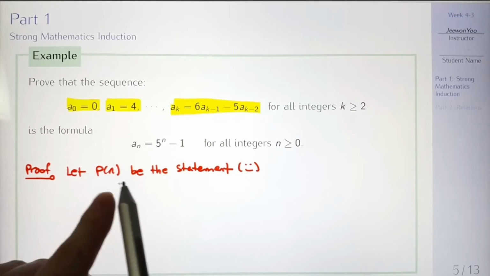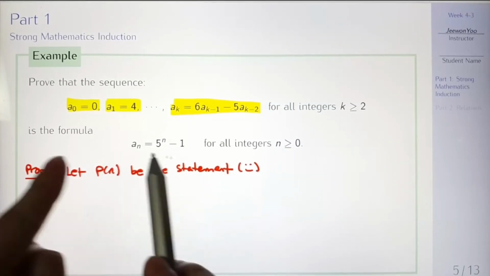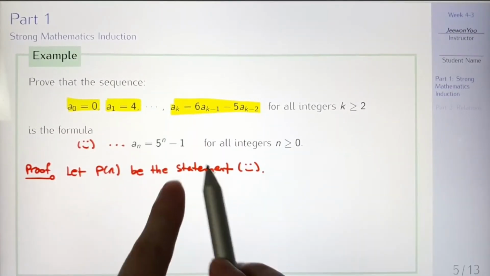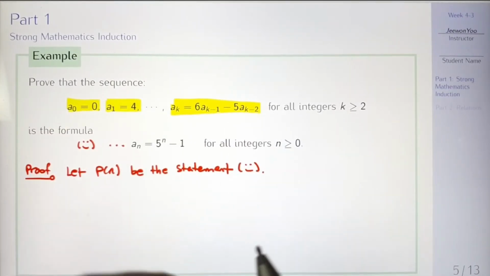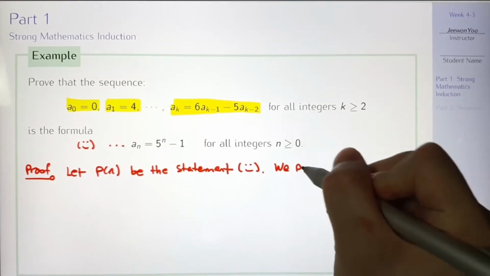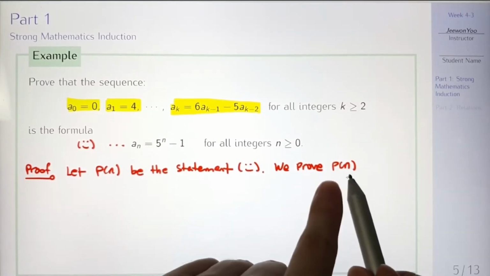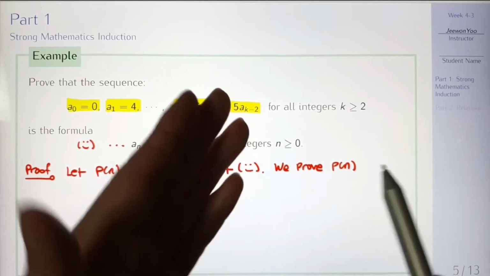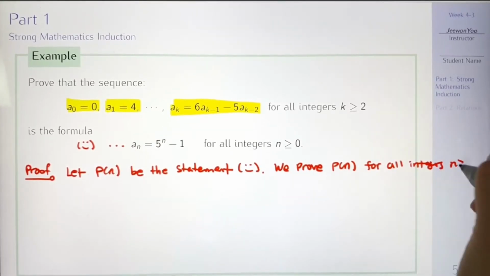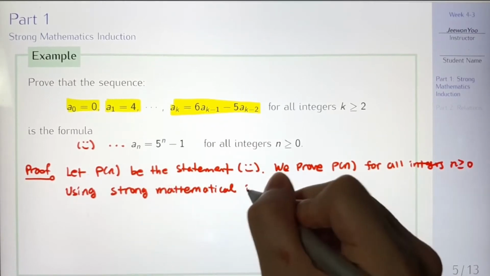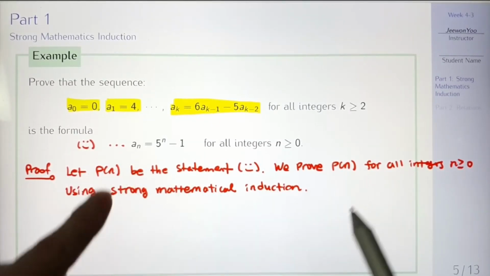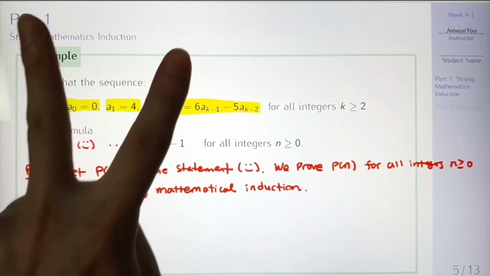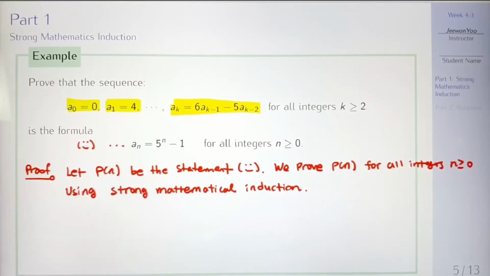Let P of n be the statement smiley face, where this is our smiley face. We prove the statement by using strong mathematical induction. We prove P of n for all integers n greater than or equal to 0 using strong induction. Once again, we're using strong induction because our sequence needs the truth of the first two terms.